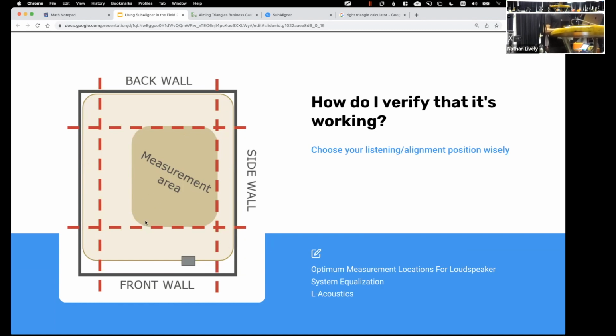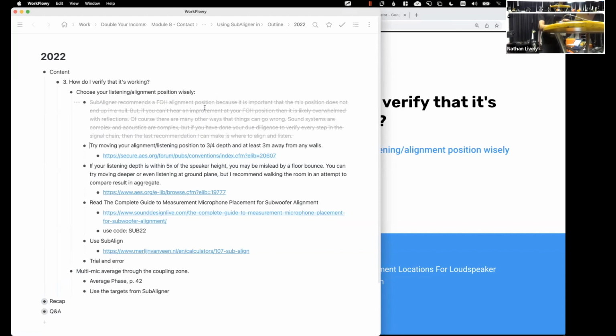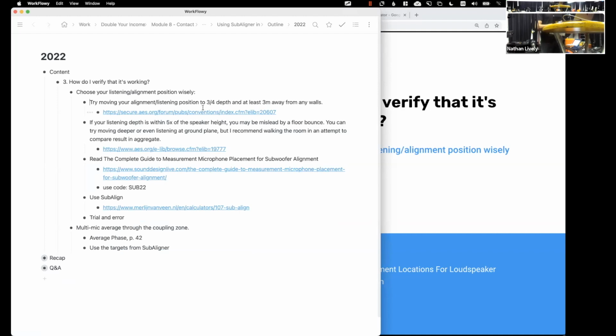So as you can see, there's a lot of things acoustically that could make it challenging to hear this. But I think if you try a few different positions and follow some of these best practices, then you should be able to hear an improvement. But it might still all go wrong, right?